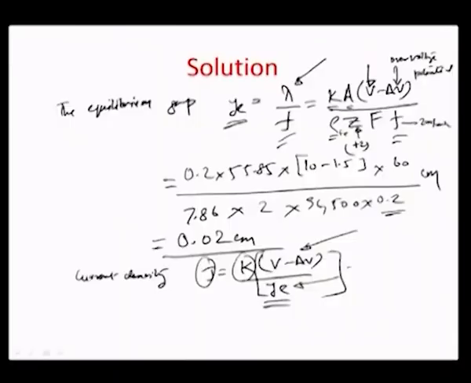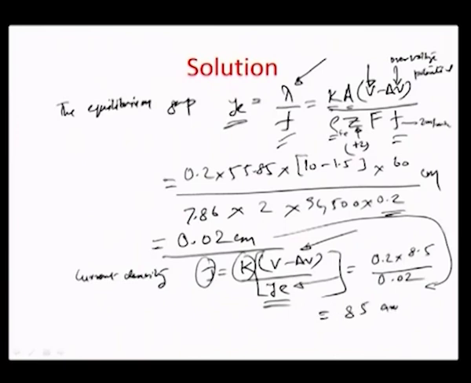So this becomes equal to 0.2 times 8.5 by the new equilibrium gap, which has been calculated from the previous step as 0.02 centimeter, and this you can represent as 85 ampere per centimeter square. Okay.